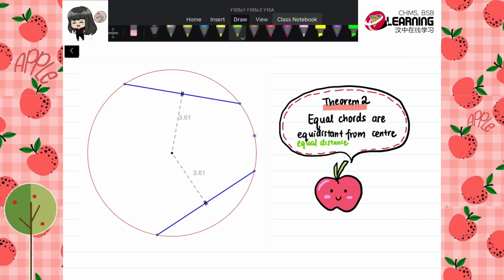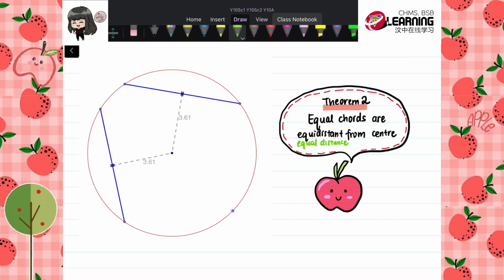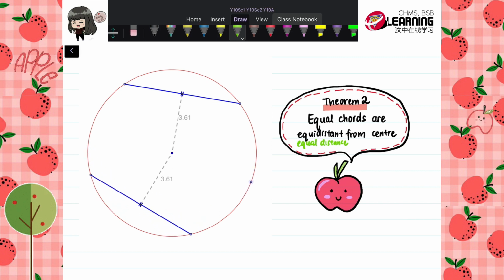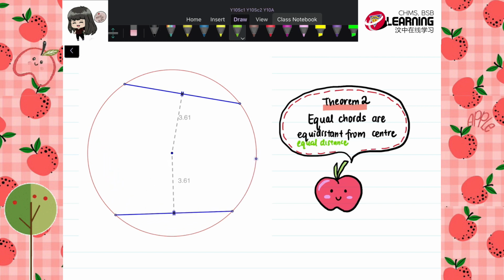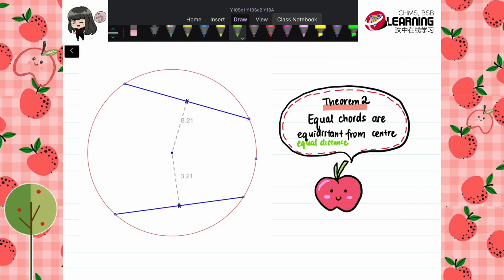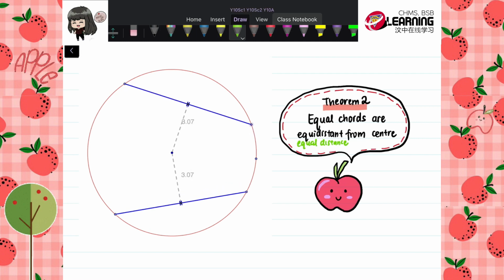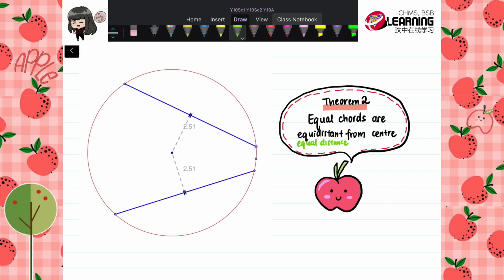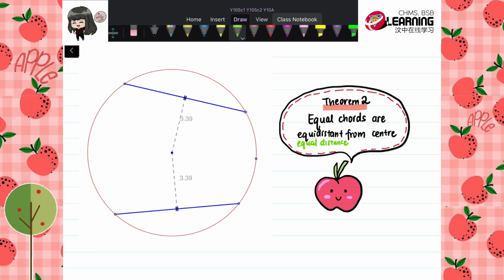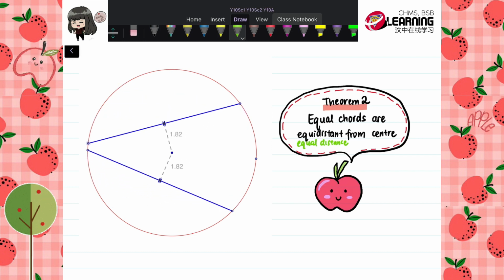What if I move a bit? My chord lengths are still the same, both chords are still the same. And if the lengths of the chords are the same, the perpendicular distances are also the same. You see this 3.61. If I pull it longer, the perpendicular distance will become shorter, and it's also the same. They are the same. Look at that.